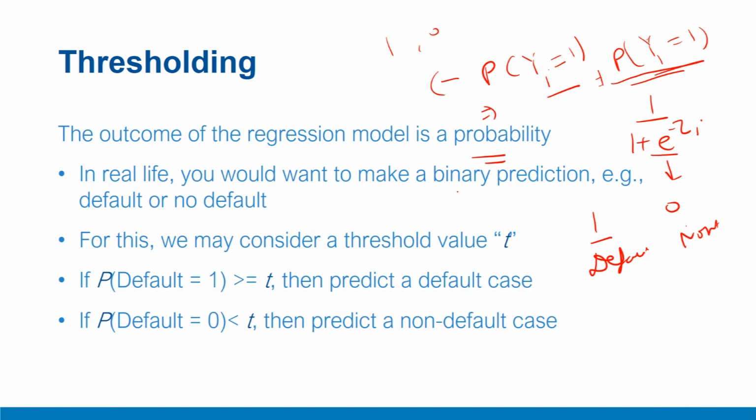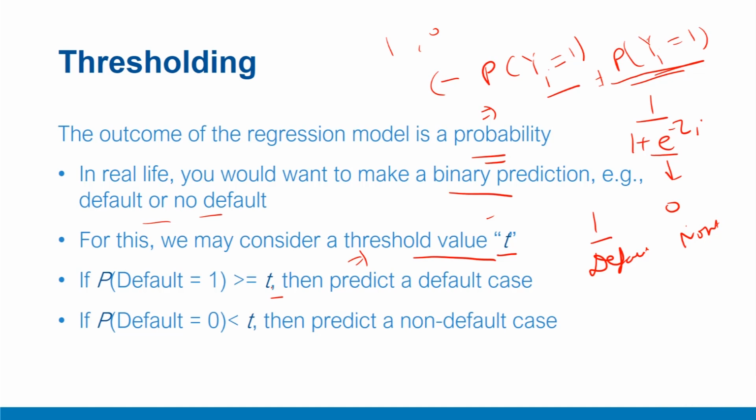This requires some kind of threshold value t. This t value is needed to convert your probability predictions into binary predictions of ones and zeros, that is, for example, default or no default. A simple example to build the intuition would be, let's say you select a value of threshold tau.